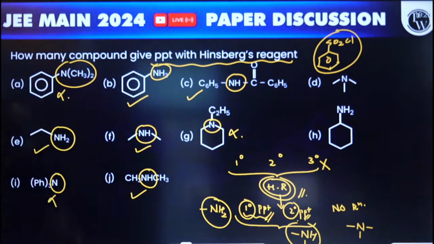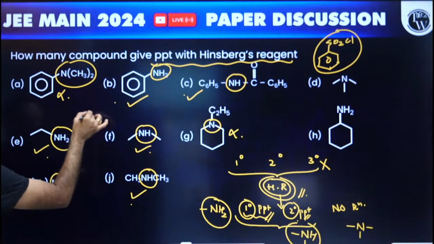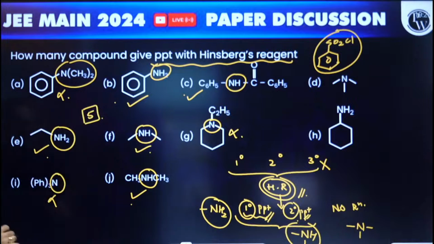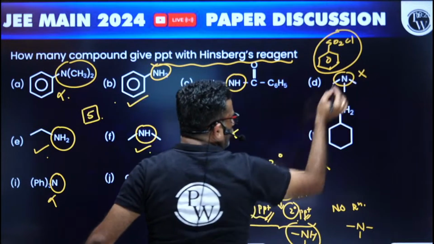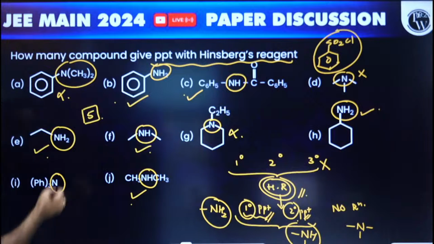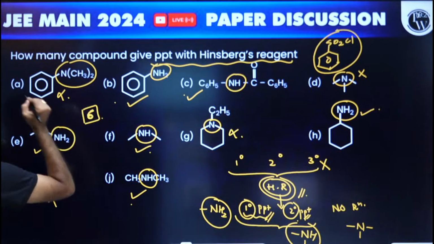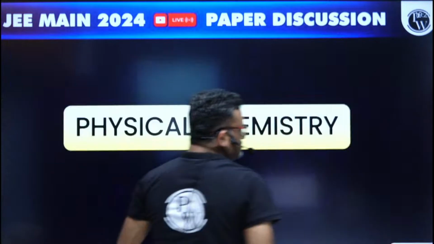So how many are yes? 1, 2, 3, 4, 5. So 5 of these compounds would be either primary or secondary, giving precipitate. We have one more here. Tertiary, no. We have NH2 here, yes, primary. So totally we have 6 structures, either primary or secondary, giving precipitate with Hinsberg's reagent.